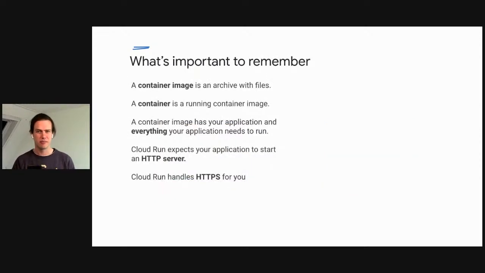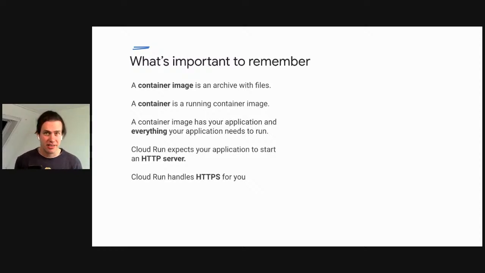So before we move on, here's a quick summary. A container image is an archive with files. It includes executables, system libraries, data files, and more. A container is a running container image. It represents the running processes of your application. And a container image packages everything your application needs to run.